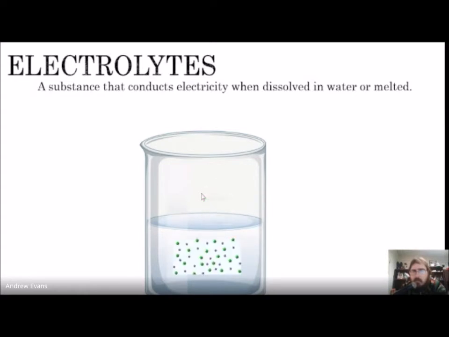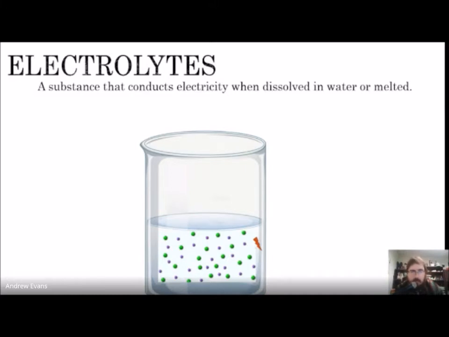When we dissolve that in water, it breaks apart into ions, and the electricity can bounce from one ion to another and another to complete that circuit, because the electrons have to be able to flow in order for the circuit to be completed. So these ions serve as a method of electron transport.